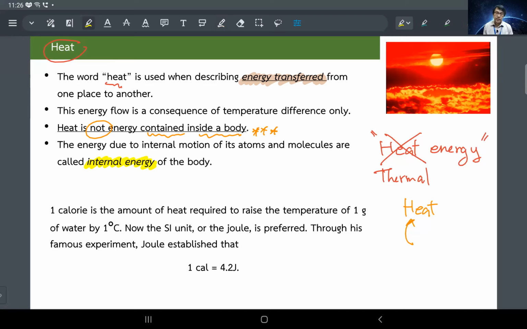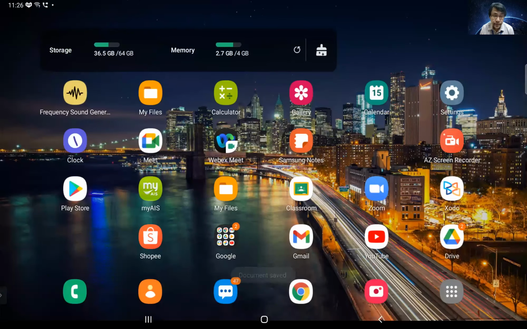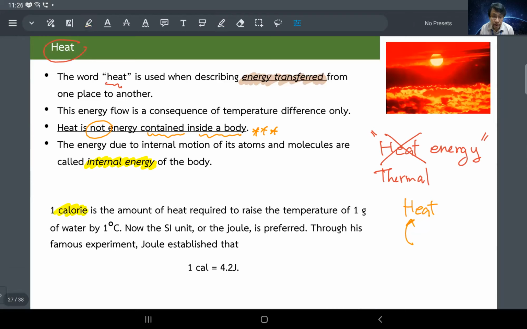When we talk about heat, it's energy, but it's an energy flow. People are familiar with energy quite well. For example, if we talk about calorie, even food calorie, it's very familiar. You probably learned this in middle school when you studied science: 1 calorie is the amount of energy you need to raise 1 gram of water by 1 degree Celsius.